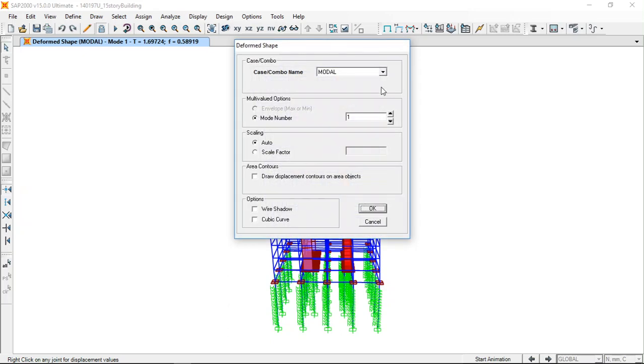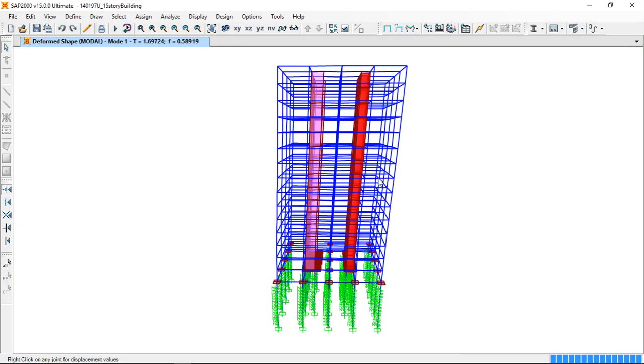To do that, just get the deformation. I have not modeled slabs in this model because I have used the rigid diaphragm constraint at each level.